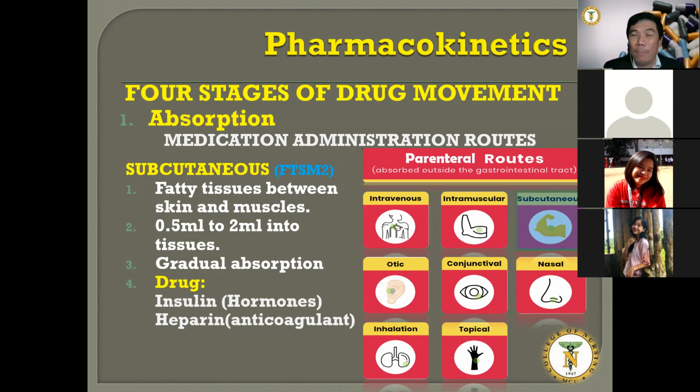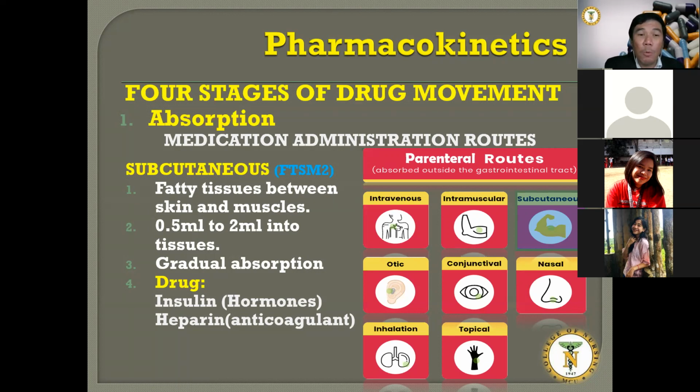For subcutaneous administration, the maximum volume of drug that can be given is 2 ml. Do not exceed 2 ml, but a minimum of 0.5 ml. If it is 3 ml, don't take the risk, because again, this may cause tissue damage.